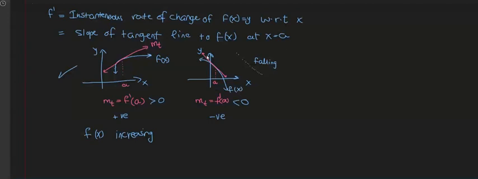If the slope of the tangent line is negative, then f of x must be decreasing. So we might conclude that the f of x is decreasing, and of course this would help us a lot in analyzing any function. Now we don't have to graph it, we will just get the derivative and discuss the sign of the derivative, test its sign, and then we will know what the function does in such an interval.